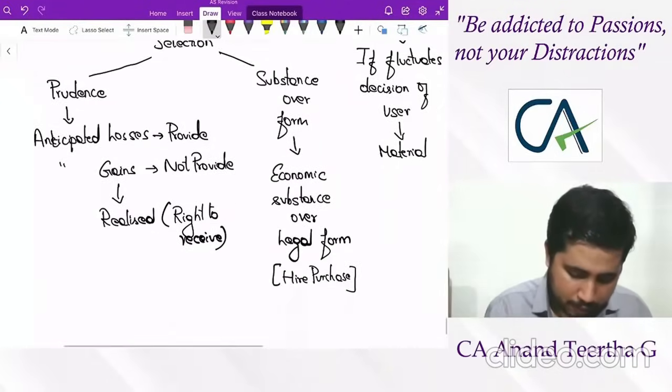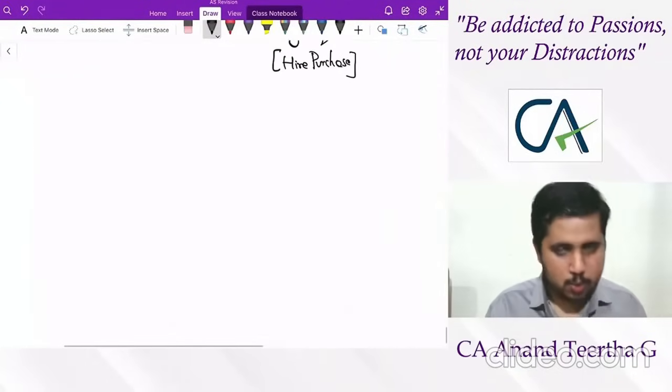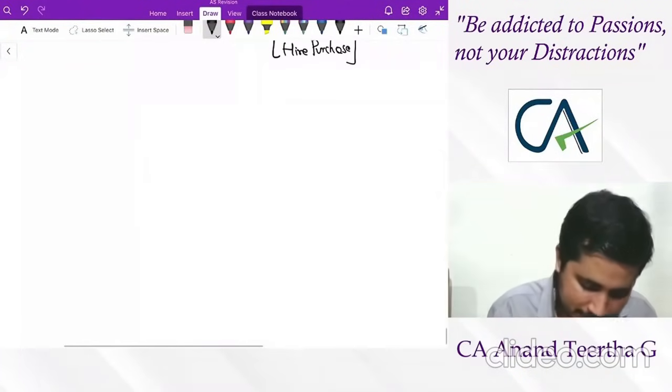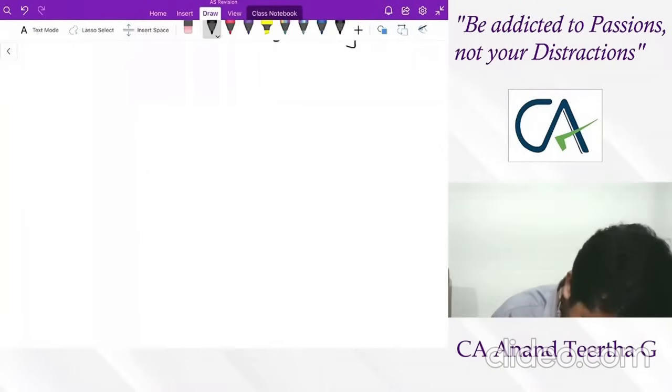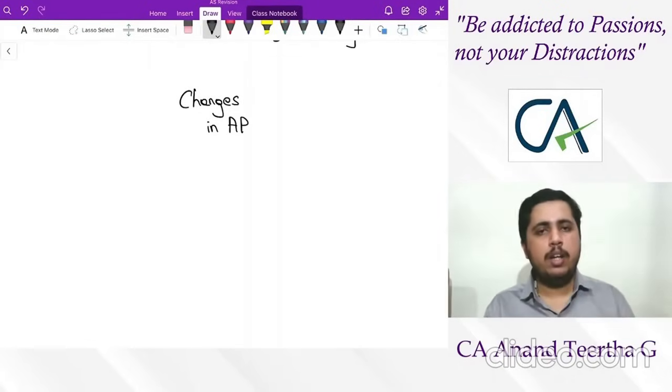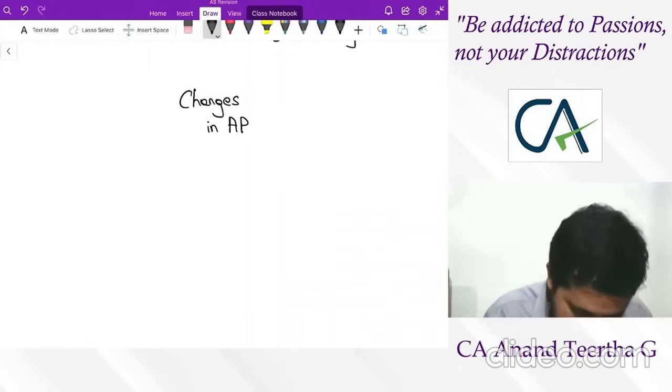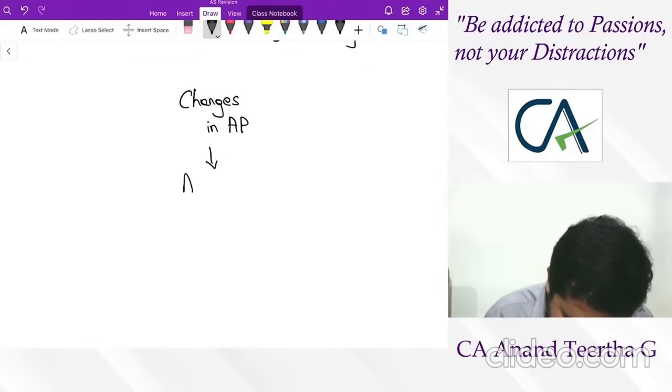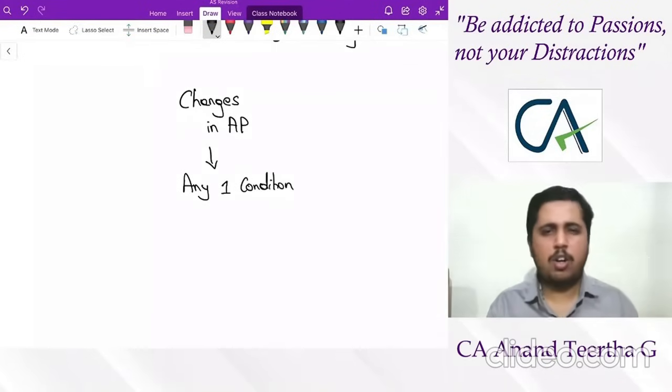Now, after that, AS1 further continues with another topic which tells whether an accounting policy can be changed. So changes in accounting policy. Now they say that it could be changed provided any one condition is satisfied. Okay, not all, any one condition, if it's satisfied, then it is more than enough.